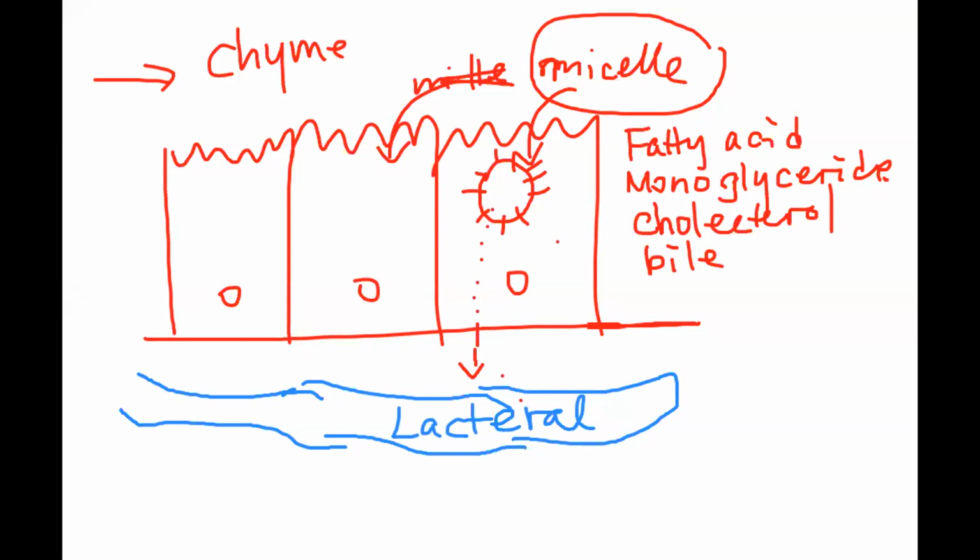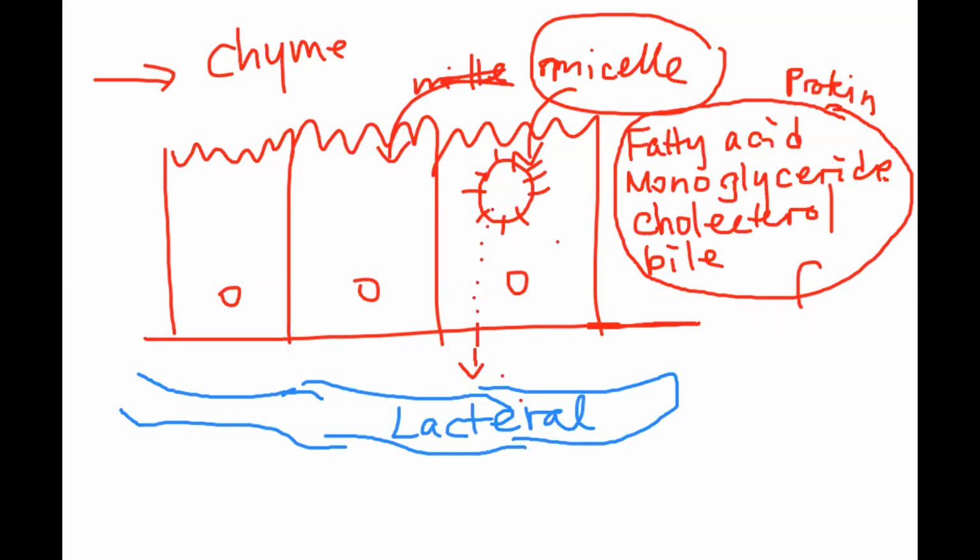So now if you think about this, all of these molecules, different particles, are going to be enclosed in the center and coated by proteins, specific phospholipid proteins on the surface, to make another circular structure.